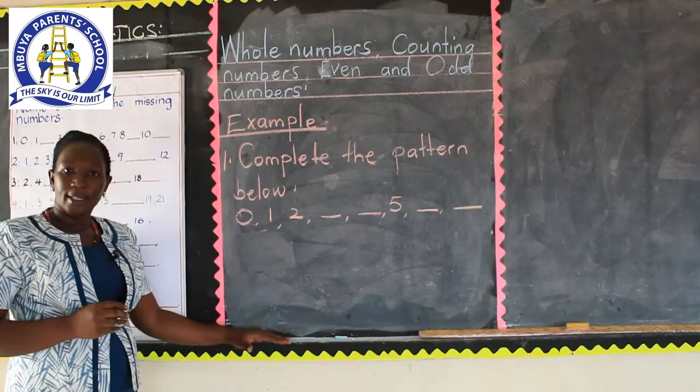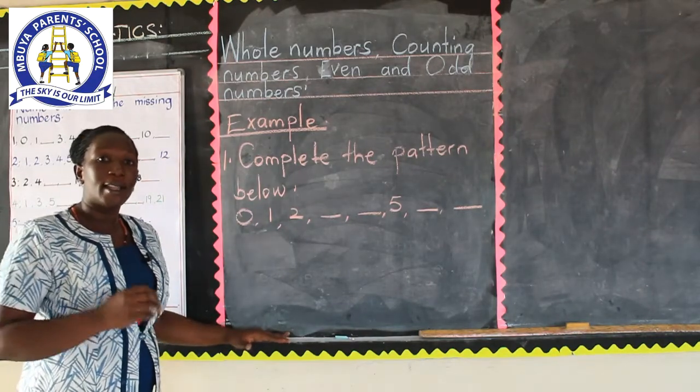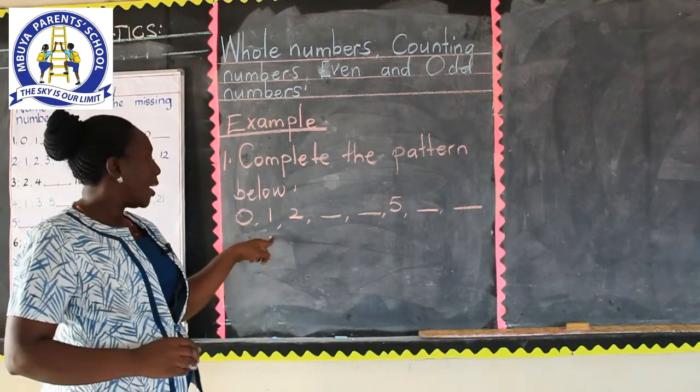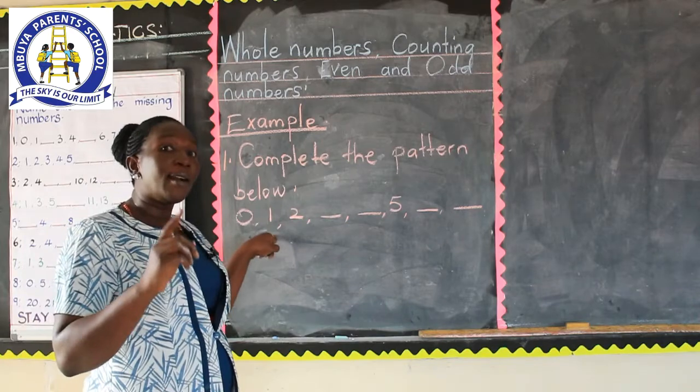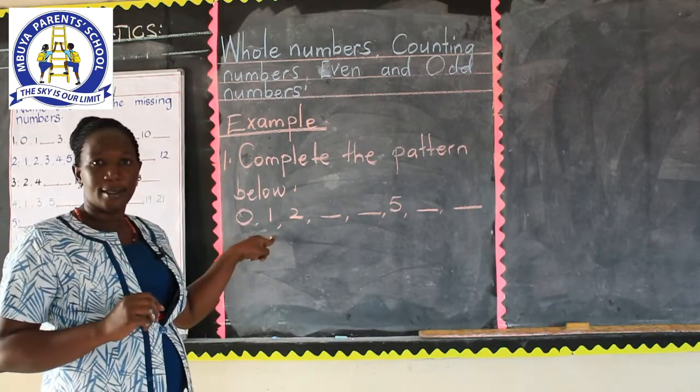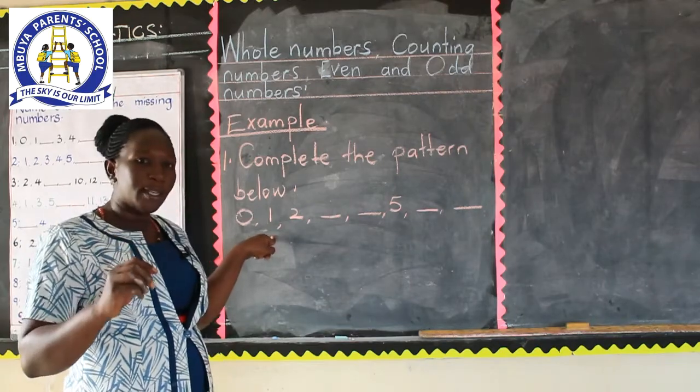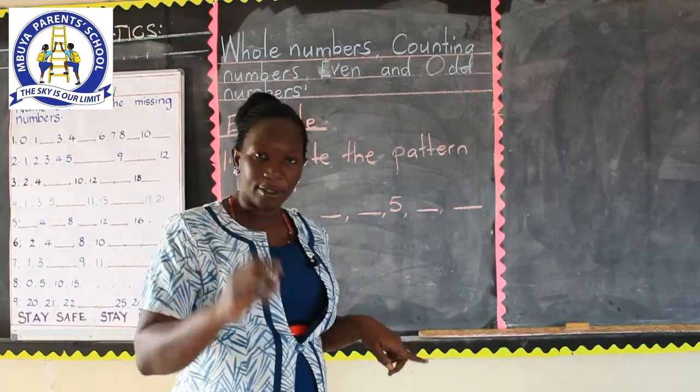When you look at this number, it started with 0. And after 0 we have 1. That means these are whole numbers, because we said whole numbers start with 0.